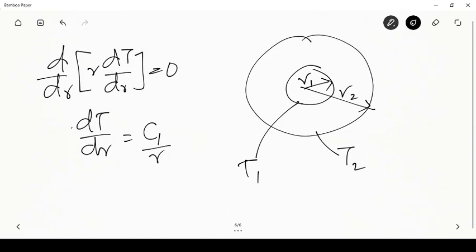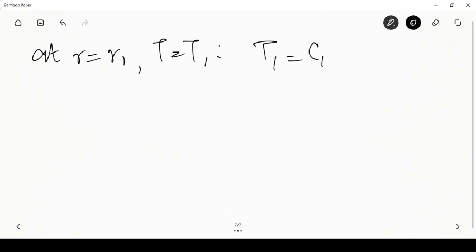Now if I integrate this a second time, you get a logarithm for the integral of this one. So you get T is equal to C1 log of r plus C2. Now for the two boundary conditions, I have r equal to r1, T equal to T1, and r equal to r2, T equal to T2. So let us apply them. At r equal to r1, T equal to T1, which means T1 is equal to C1 log r1 plus C2.